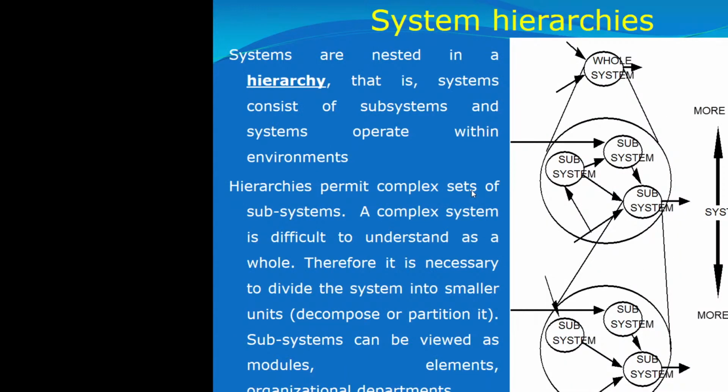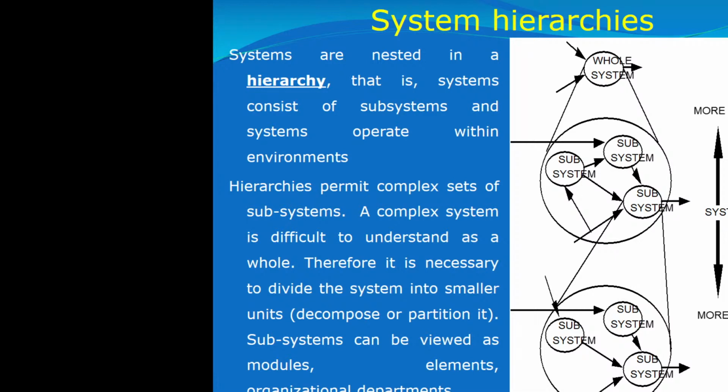Systems are nested in a hierarchy. Systems consist of subsystems and systems operate within environments. Hierarchies permit complex sets of subsystems. A complex system is difficult to understand as a whole. Therefore, it is necessary to divide the system into smaller units, so-called decompose or partition it.